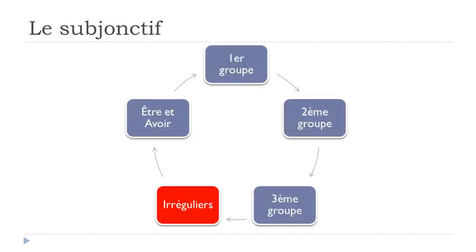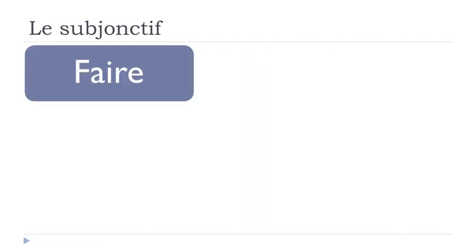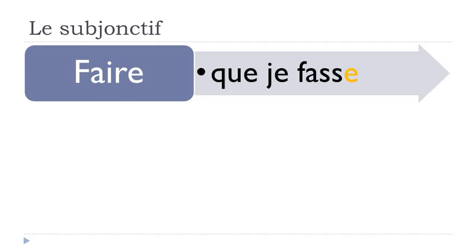But then of course we've got some irregular verbs because we're talking about the French language. So let's start now. The verb faire, to do, will become que je fasse. Here you've got the ending, and it means this first part will stay the same.